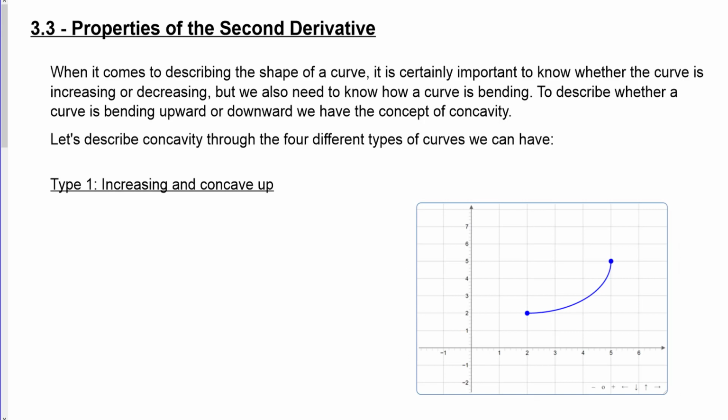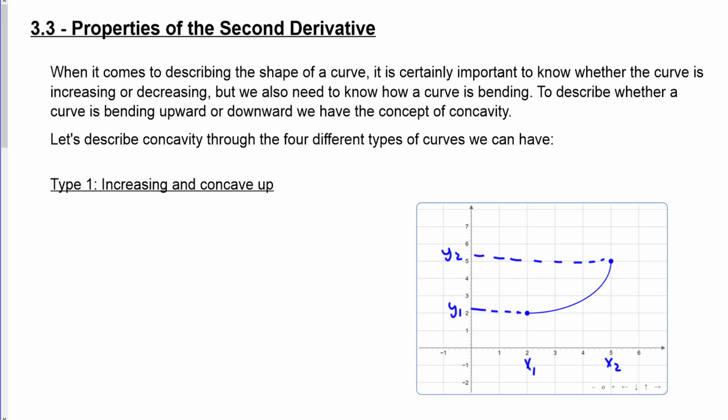So in this particular type of curve, what we would have here is a curve that's increasing. So for x values that get larger, so for x increasing, the y values are increasing. So y2 is larger than y1. So we have an increasing curve.